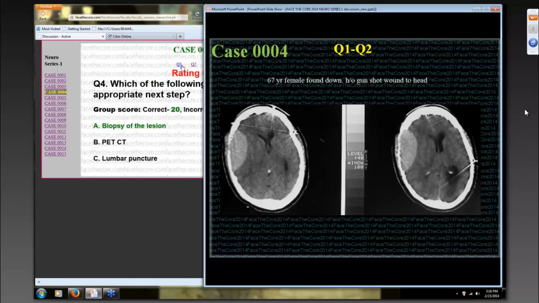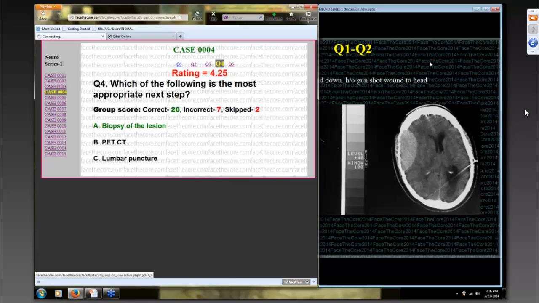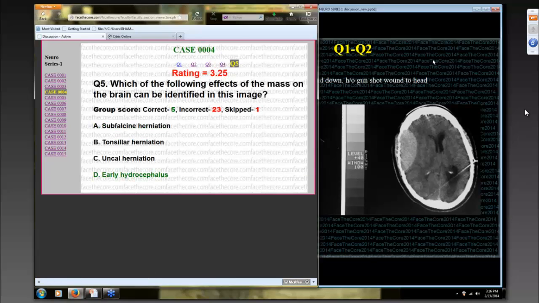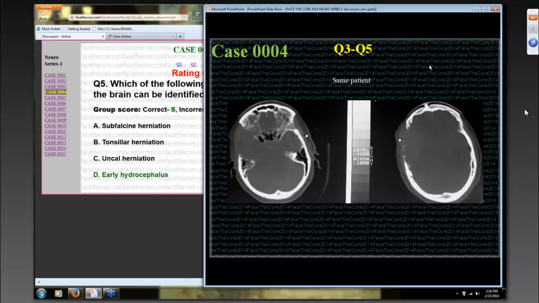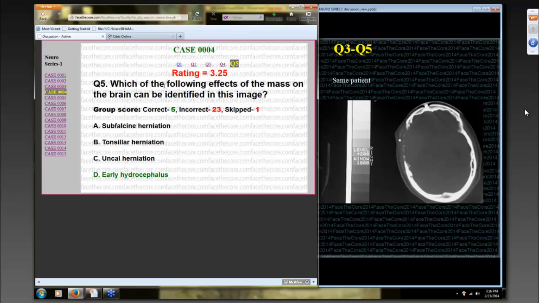Let's see the next image, where it says question 5. They're saying, how can we say there is mass effect when you are not showing us the brain windows, when you're showing us bone windows only? I think we just have to put that image, but you have already seen that.